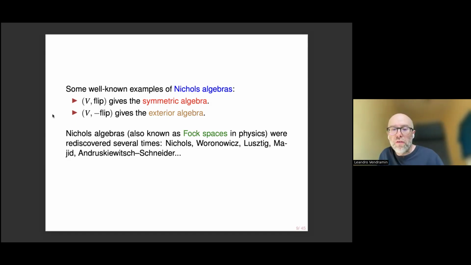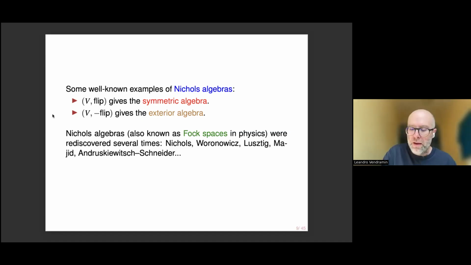Also in the work of Woronowicz, doing differential calculus on quantum Lie groups. In the work of Lusztig, studying quantum groups. In the work of Majid, doing non-commutative physics. In the work of Andruskiewitsch and Schneider, doing Hopf algebras. And all these people found an alternative definition of a Nichols algebra and used Nichols algebras for what they were doing.